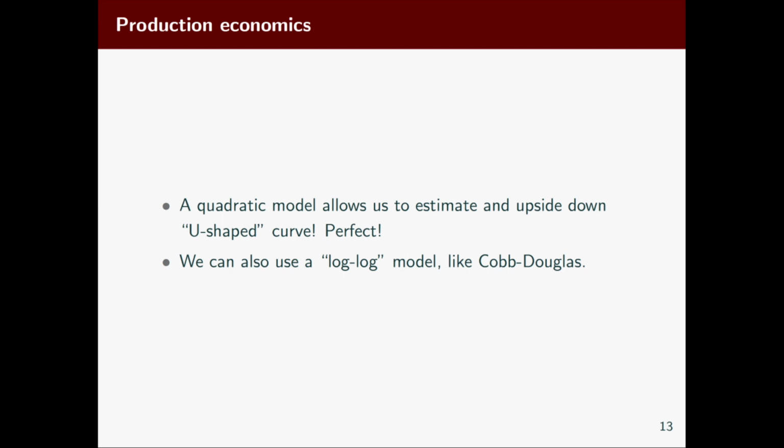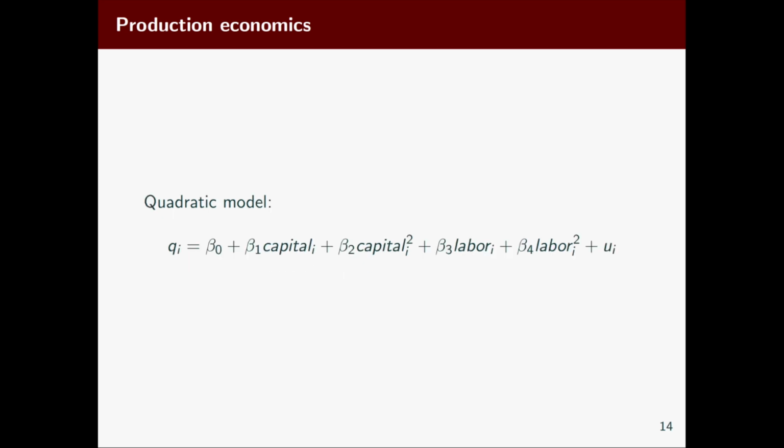We can also use a Cobb-Douglas function. That's a log-log model, and we'll talk about that in just a second. So let's say we have a quadratic model. Let's say we were producing some amount Q, and that production is a function of capital inputs and labor inputs.